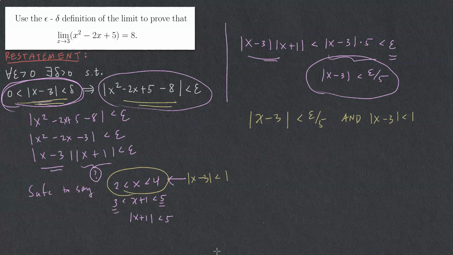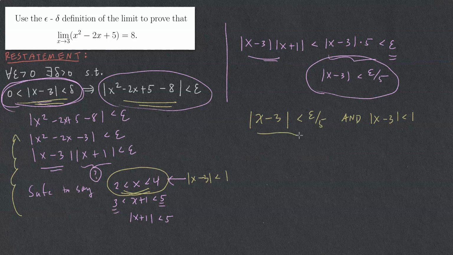X minus 3 less than 1 in absolute value means that x is no more than 1 unit away from 3. It would have to be between 2 and 4. So if I could get both of those things to be true, then this inequality here can in fact be used, and I think my logic works backwards okay.